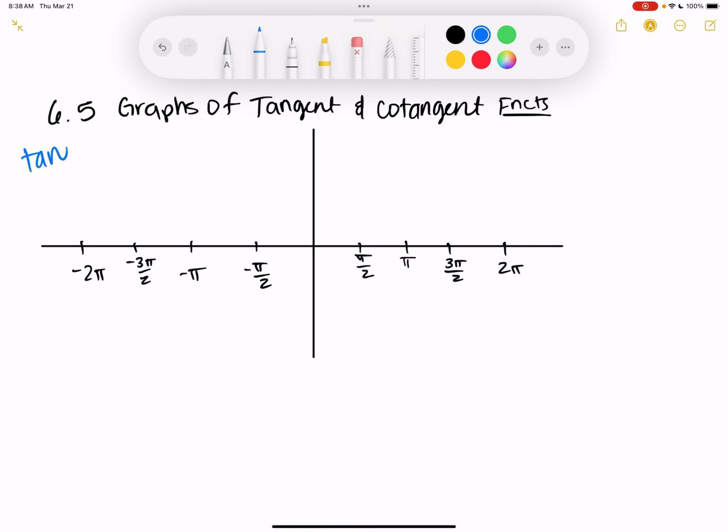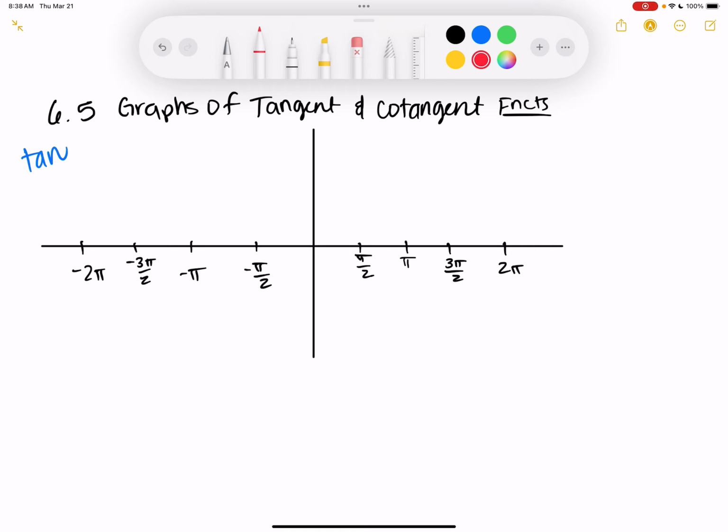Now, where is the tangent function undefined on the unit circle? Now, what radian values? Pi over 2, and where else? 3 pi over 2, and if I continued to go around every increment of pi over 2, it would be undefined.